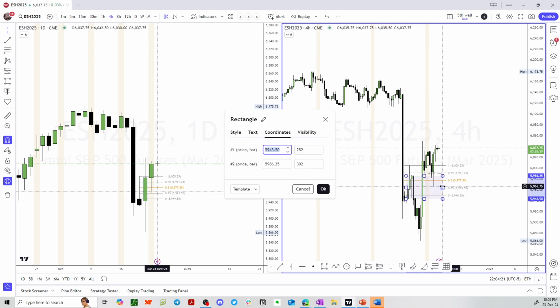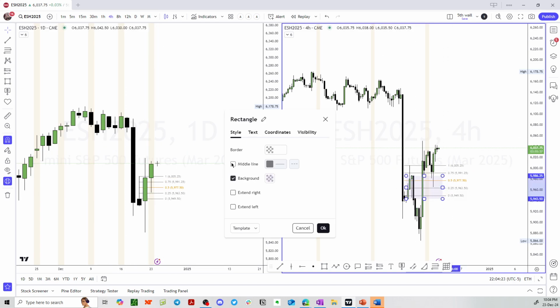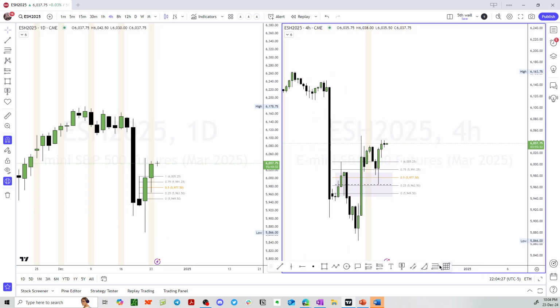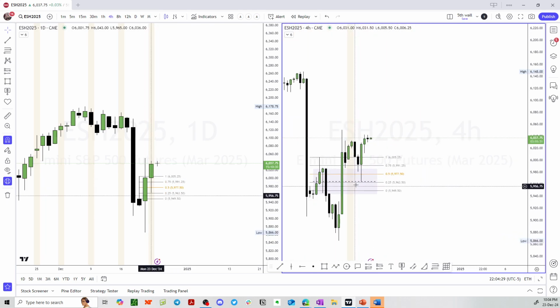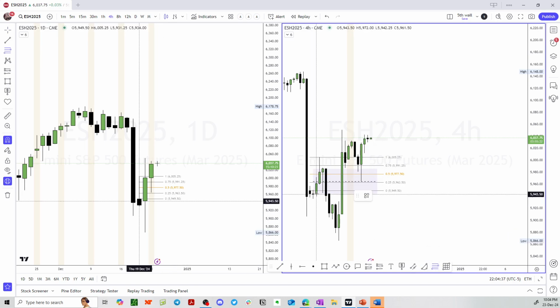It doesn't look like it reached the halfway point, but all right, so we have a breaker. It looks like it did hit the consequent encroachment of that. Let's get some more precise now.